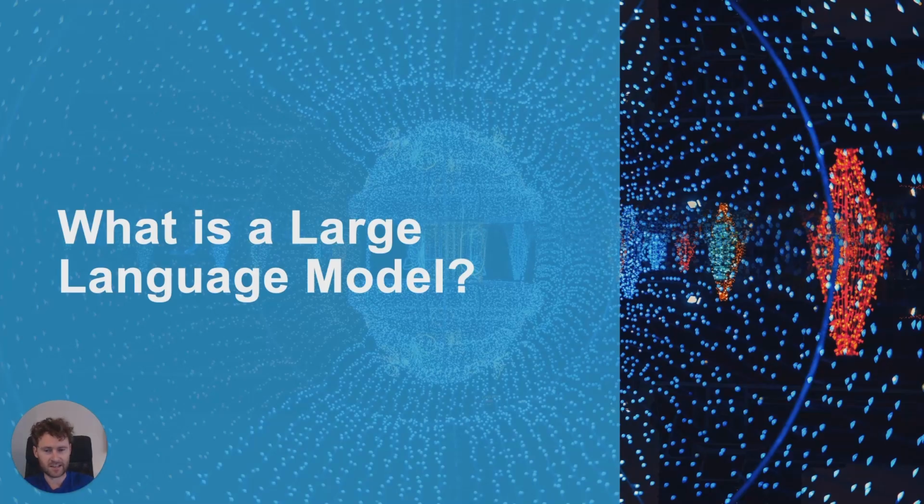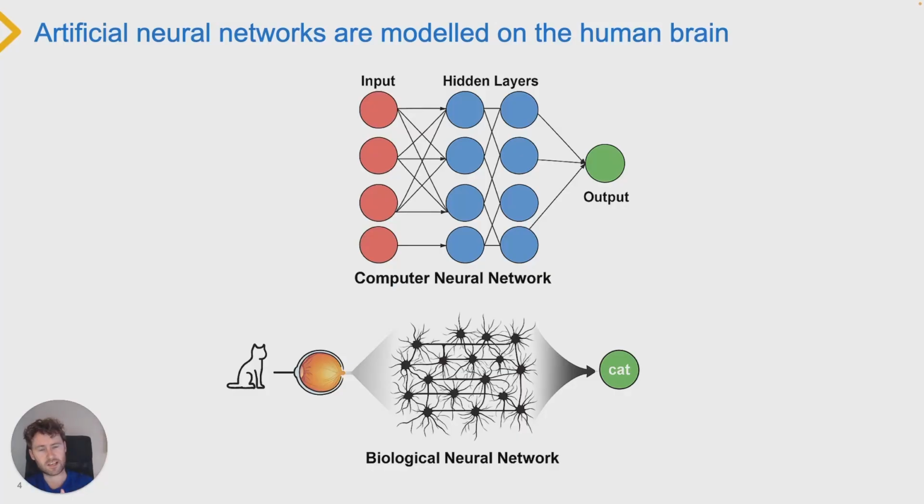So AI today, generally, when people are talking about AI, it's LLM, large language model. To understand an LLM, we first need to understand what a neural network is. Neural networks, or artificial neural networks, have been around since the 1940s.